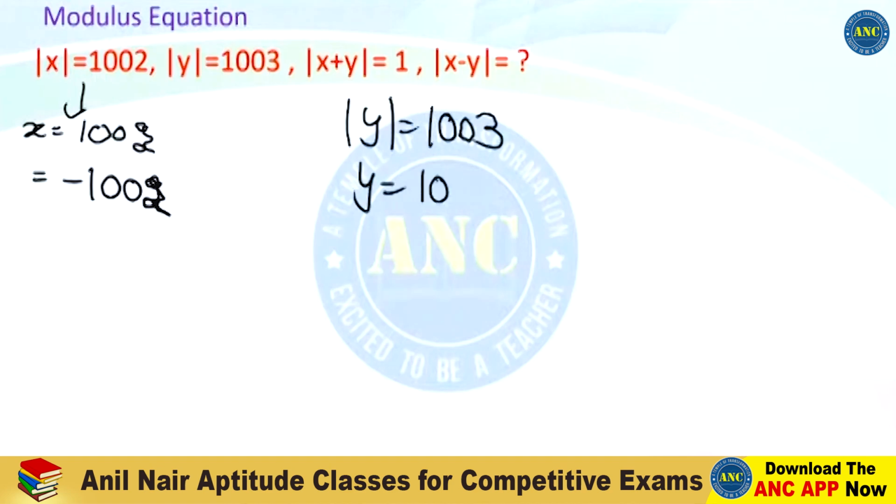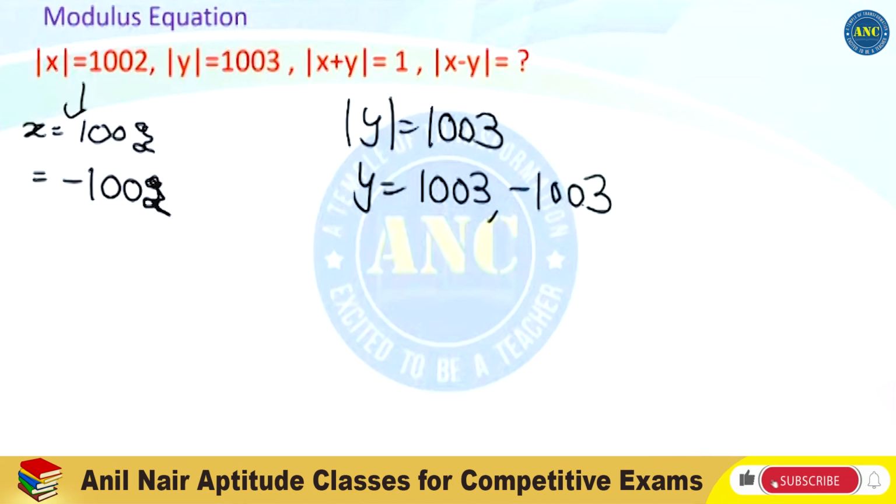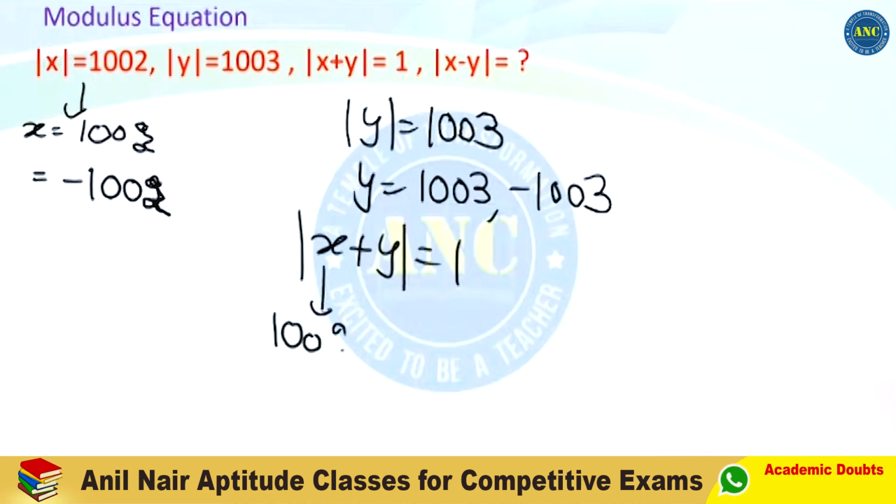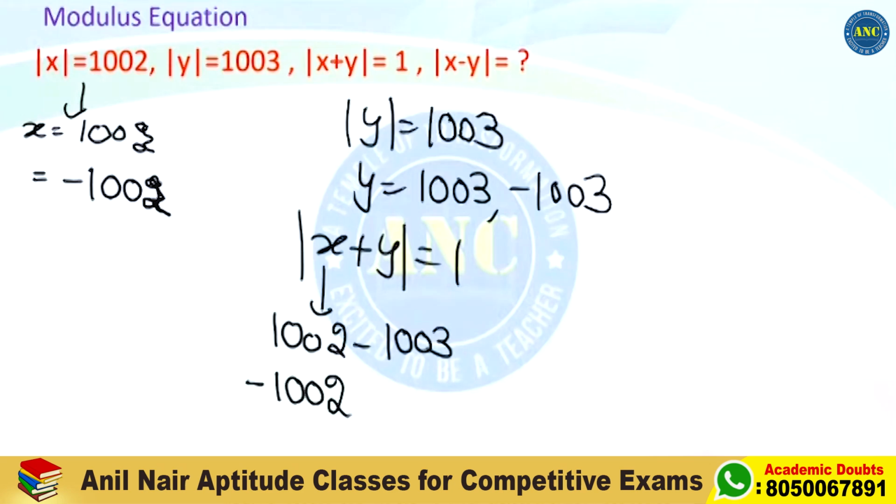Y can take either 1003 or minus 1003. Mod x plus y equivalent to 1. So x can take 1002, y can take minus 1003. Mod of minus 1 is 1. X can take minus 1002, y can take 1003.